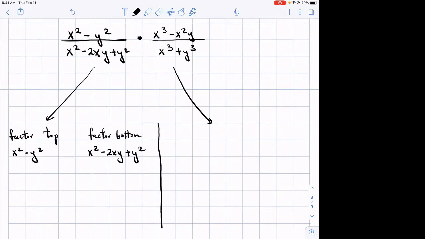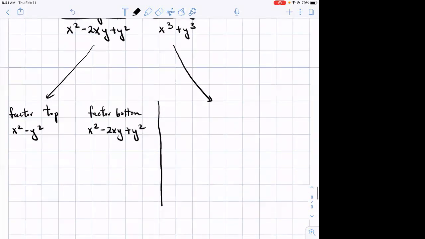So let's see if we can factor this. Well, this here is a difference of squares, so this becomes x minus y times x plus y. That's factoring of the top. Now, what does factoring of the bottom give us?